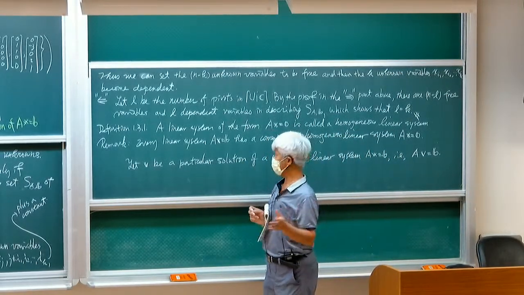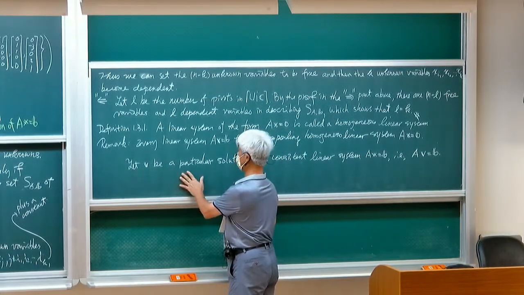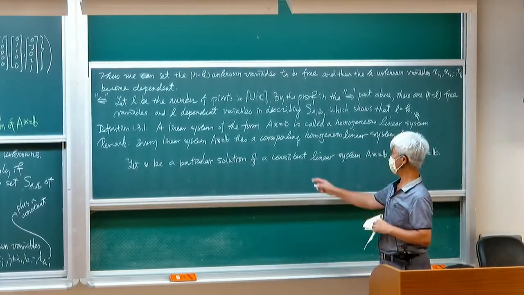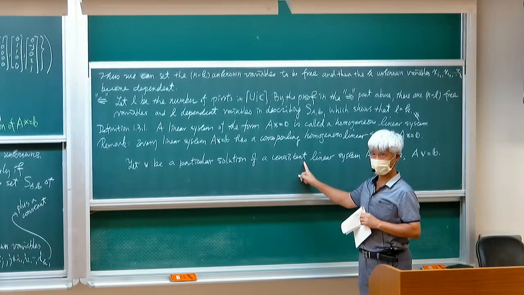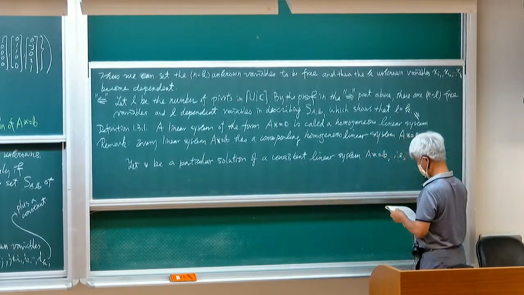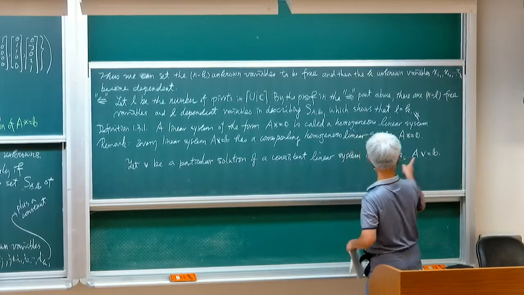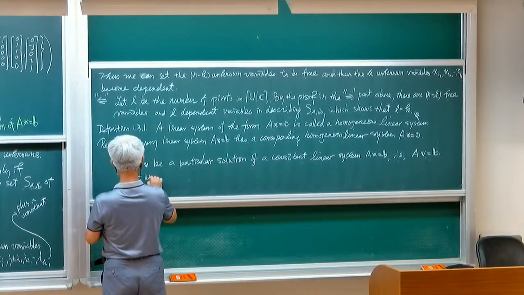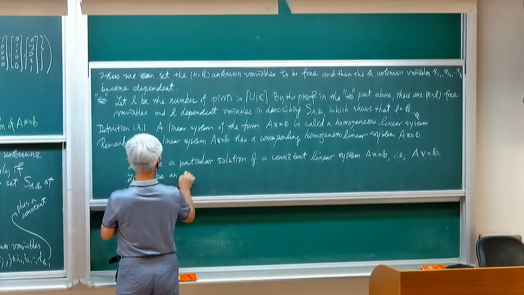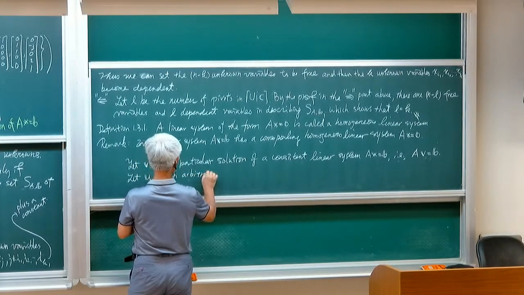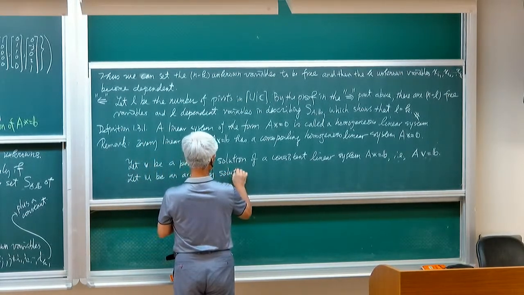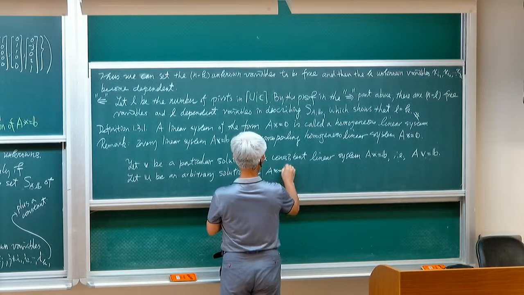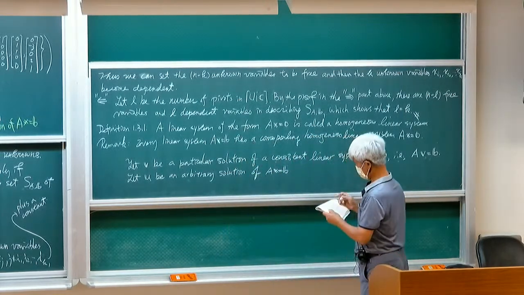So you cannot say let V be a particular solution. No, this is meaningless. To be meaningful, we have to refer to a consistent linear system. All right, so suppose V is a particular solution. Now let U be an arbitrary solution of AX equal to B, which is consistent.